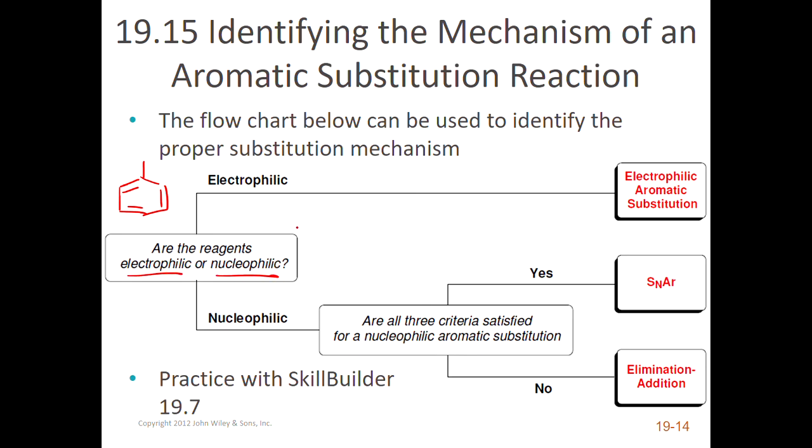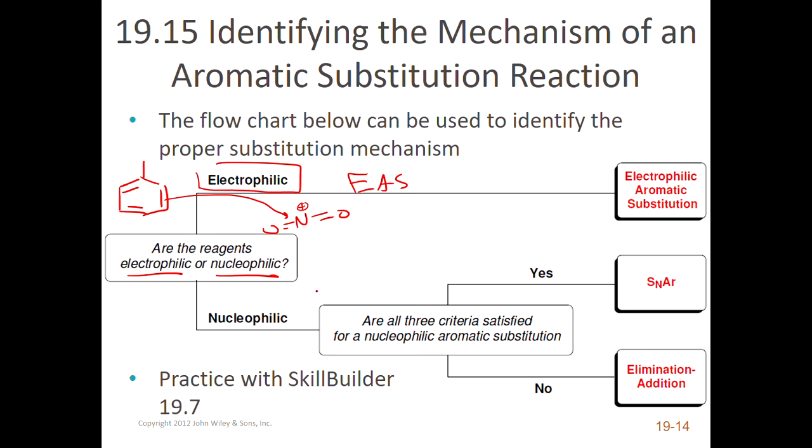Am I adding something like an NO2 that's really strongly electrophilic that I expect the ring to attack? If it's an electrophile, then I expect the EAS mechanism that we were discussing last week before spring break and on Monday.